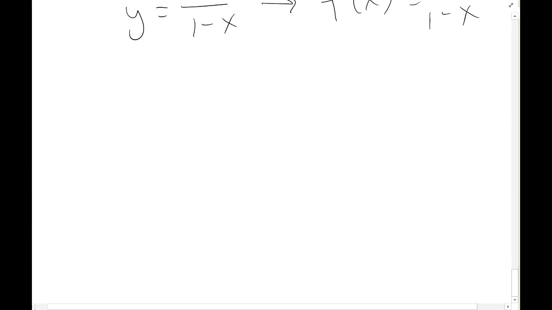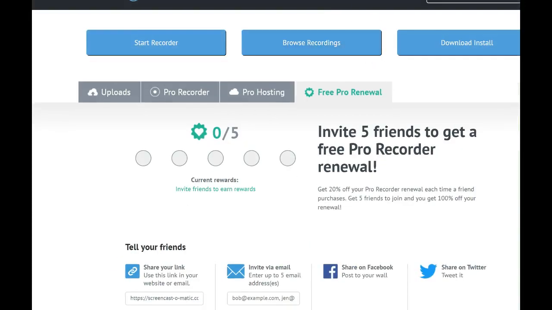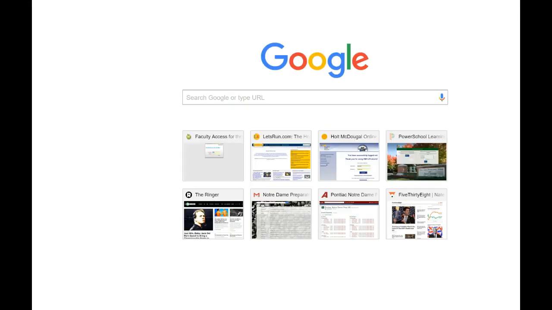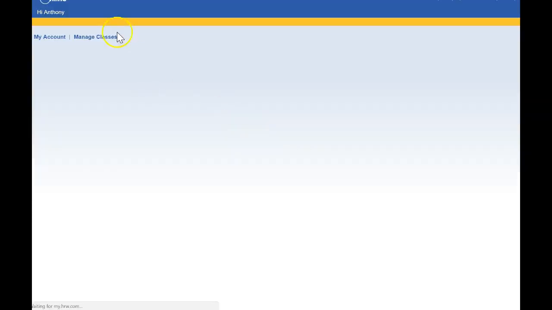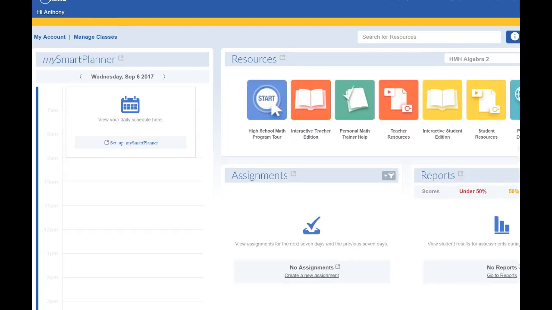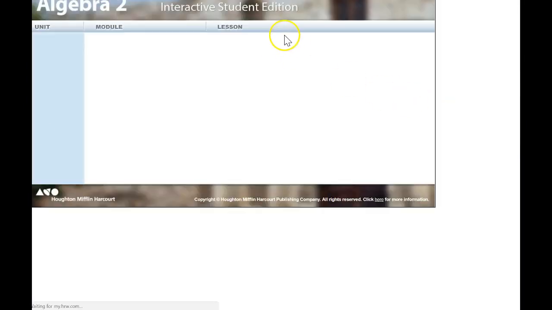One thing that I might be interested in is doing a modeling problem with an inverse. So what I'm going to reference here is our textbook. So if I pull up my textbook and I log in, I guess I probably could have figured this out beforehand, but oh well.